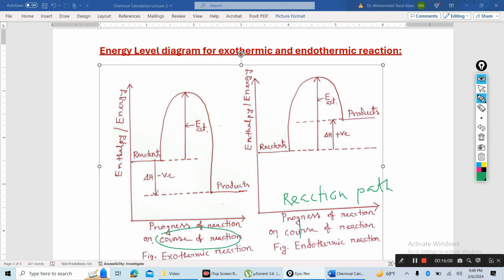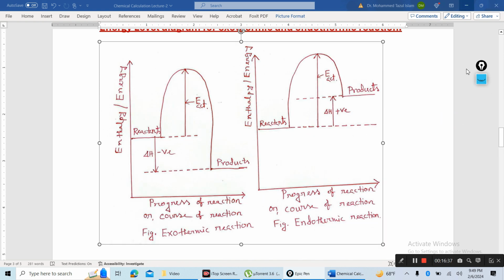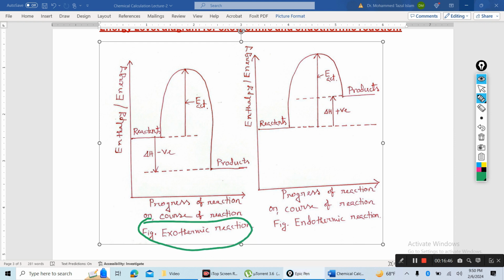The first one is the energy level diagram for an exothermic reaction, and the second one is the energy level diagram for an endothermic reaction. This is the exothermic reaction figure, this is the endothermic reaction.